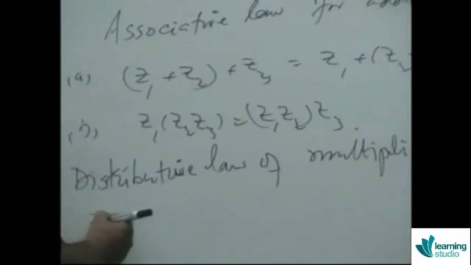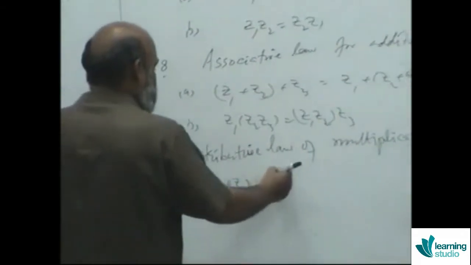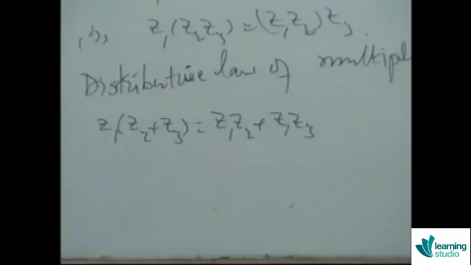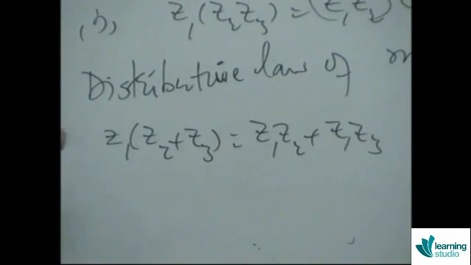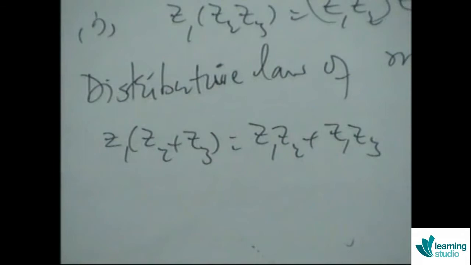That multiplication is distributive over addition, that Z1 into Z2 plus Z3 can be written as Z1 into Z2 plus Z1 into Z3. So this Z1 is distributed over Z2 and Z3. Okay, this is multiplied with this plus this is multiplied with this. So Z1 is distributive.